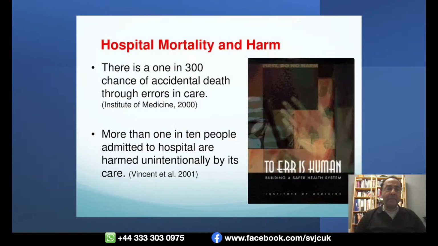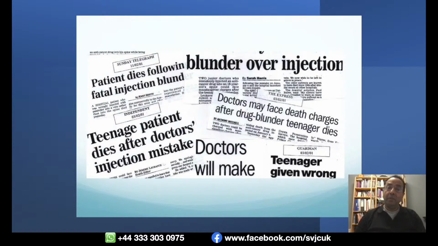If you look at this particular slide, there is a 1 in 300 chance of accidental death through errors in care. More than 1 in 10 people admitted to hospital are harmed unintentionally by their care.